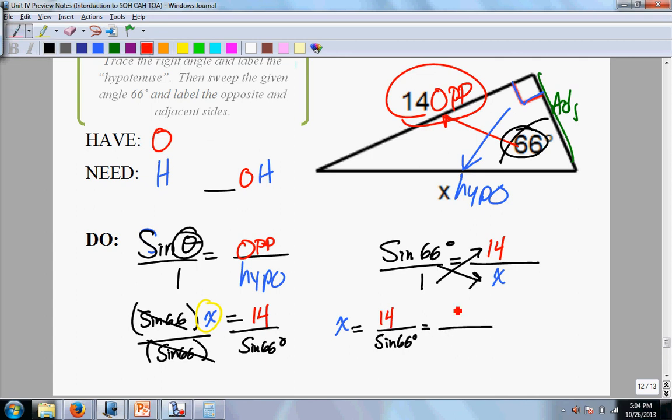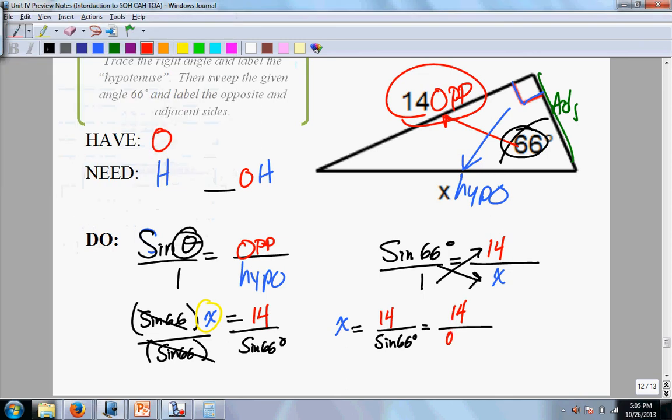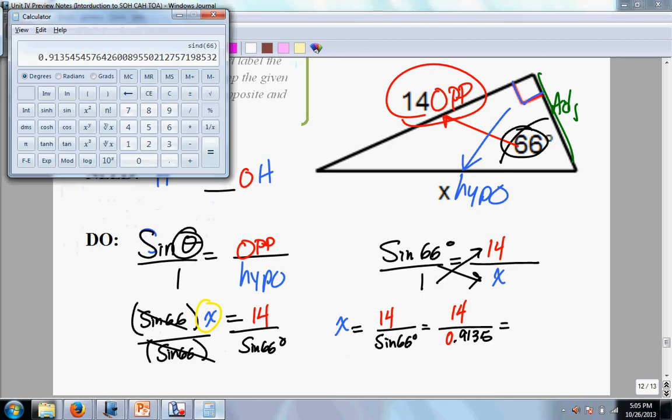So let's figure what's out. Let's see if you did that correctly. So sine of 66 is 0.9135. So I'm going to get my calculator out. I go 14 divided by 0.9135, and I get 15.3.